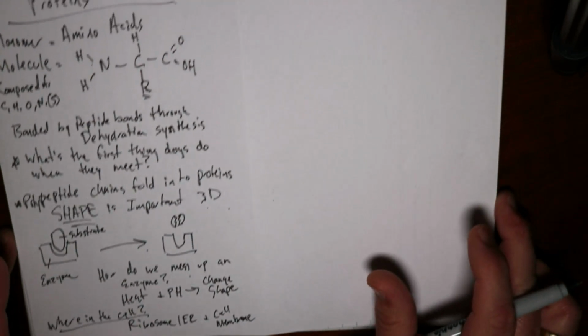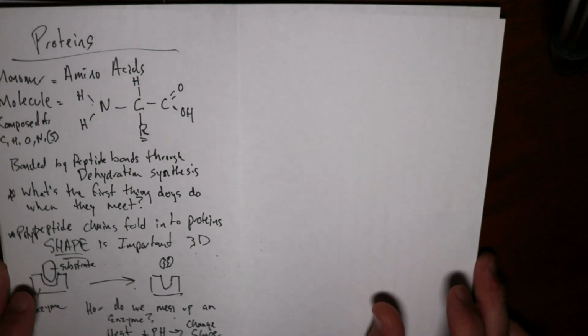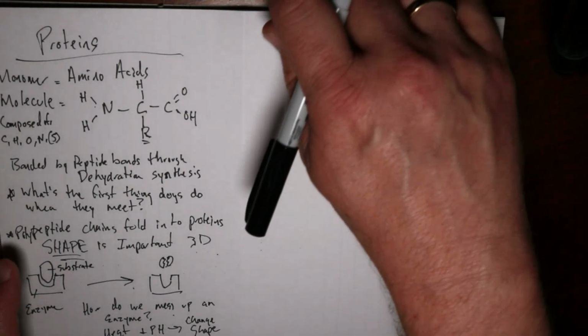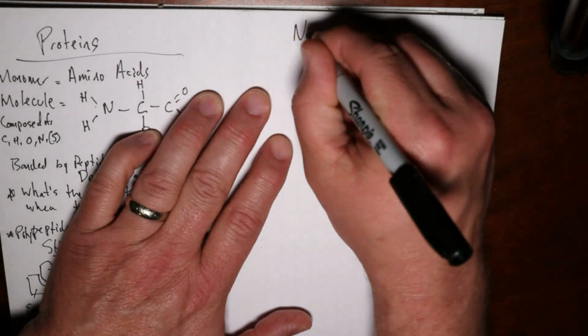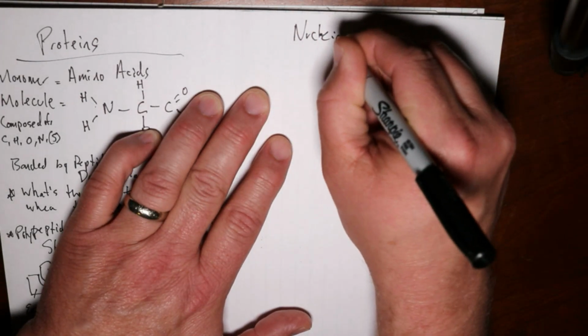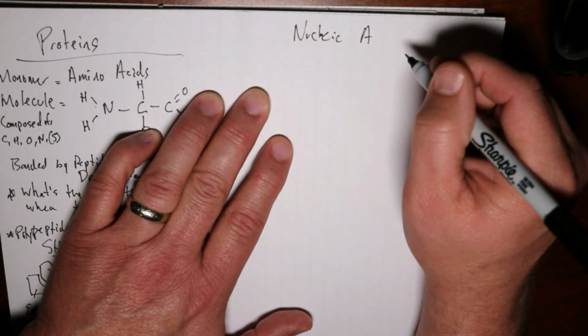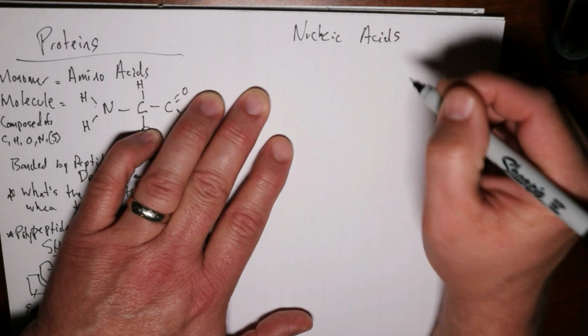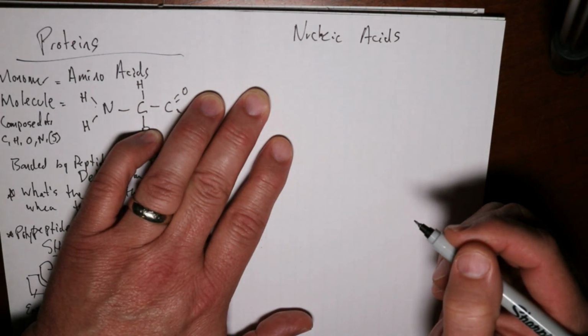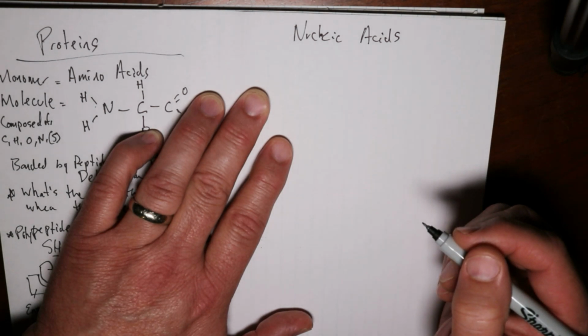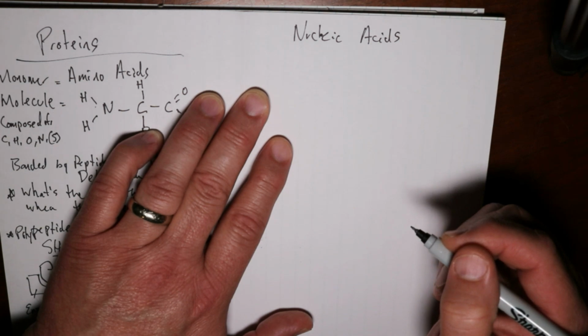All right. We're on to the last one. And this is the shortest one simply because we're going to talk about this more in another one when we talk about DNA specifically. But for tonight, let's get a couple things down. Nucleic acids. So nucleic acids.